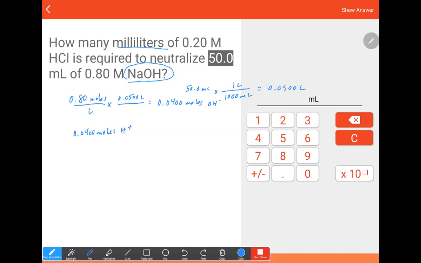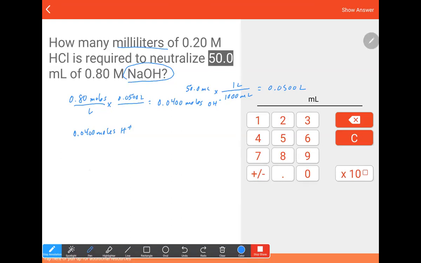And HCl forms H plus, 100% ionization. So we need 0.04 moles of HCl. We know our molarity is 0.2, so we need to figure out how many milliliters we need. I need to get out of moles into liters, so I'm going to multiply this number by liters per 0.2 moles. Notice this is back to when we learned about dimensional analysis. We can flip these units over, right?